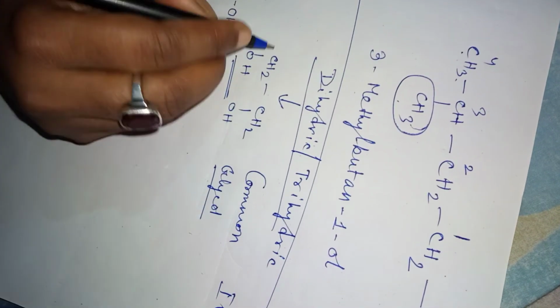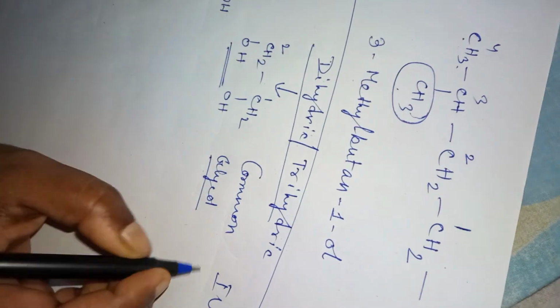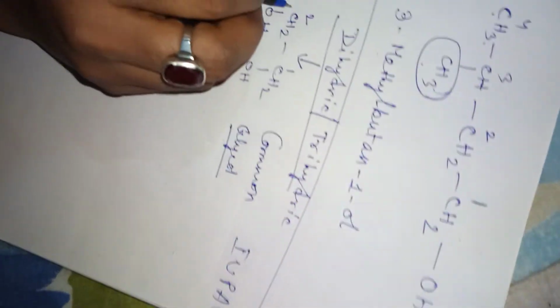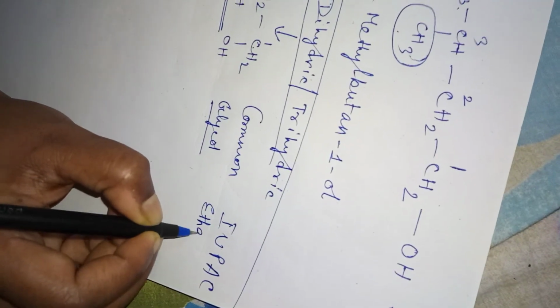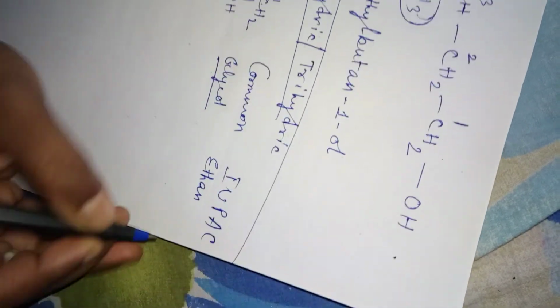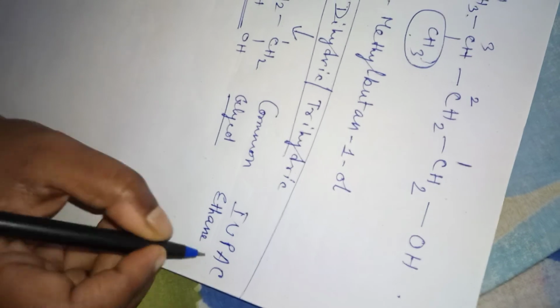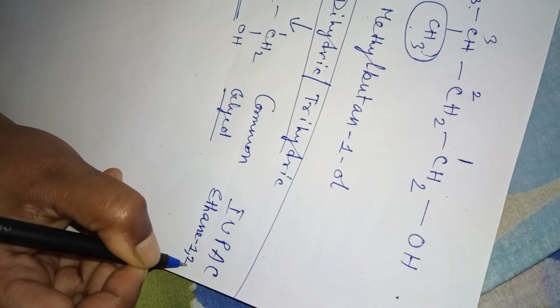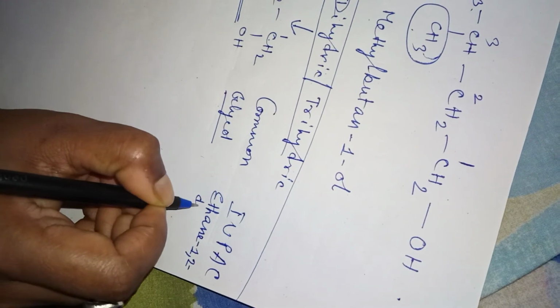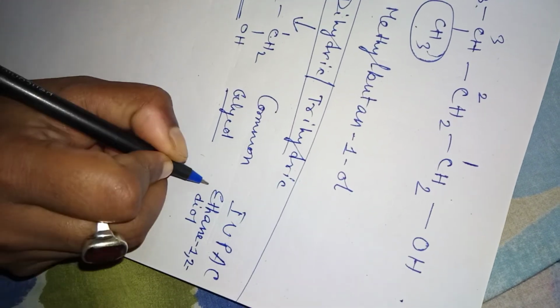And what is the IUPAC name? 1 and 2, so how many carbons? 2 carbons, so eth, after that an, but we will write the E here. Why am I telling you? Ethane, after that 1,2, then dash again, then diol. Don't give any gap.